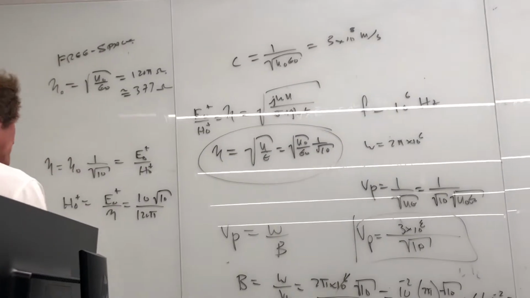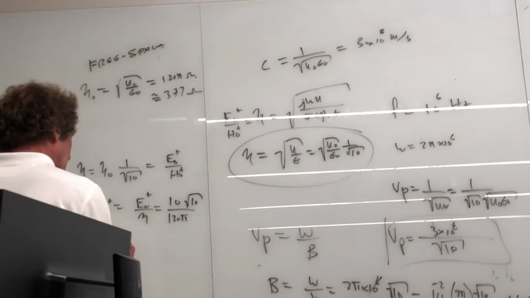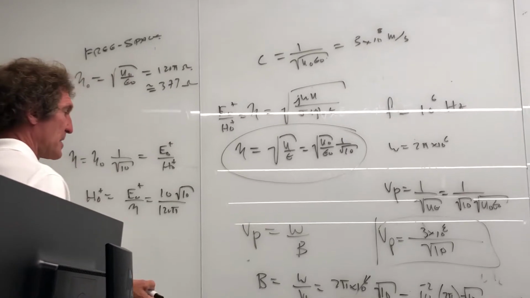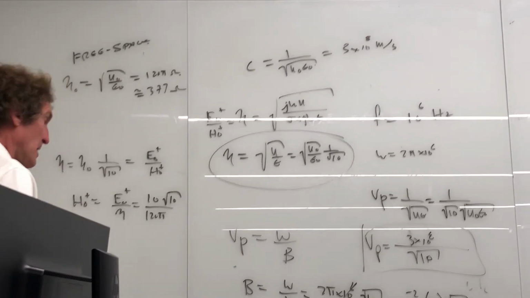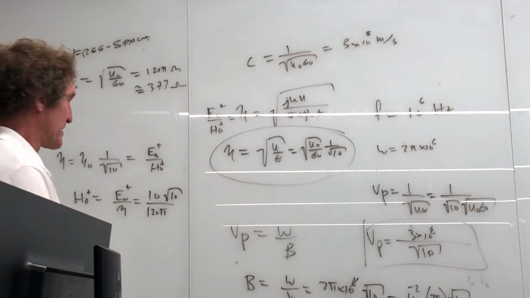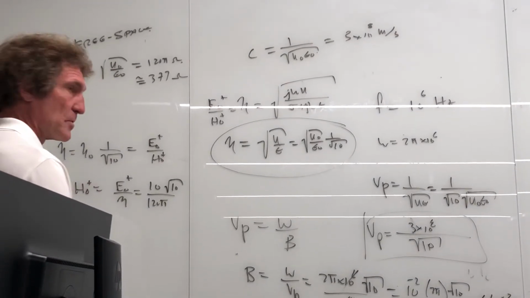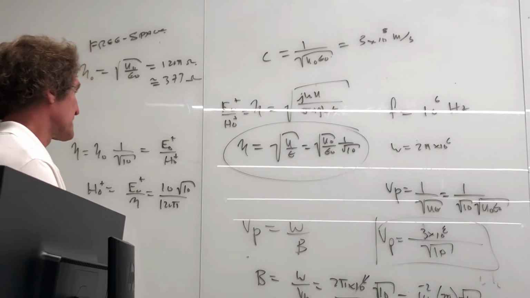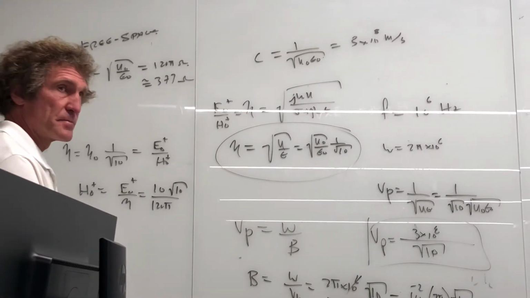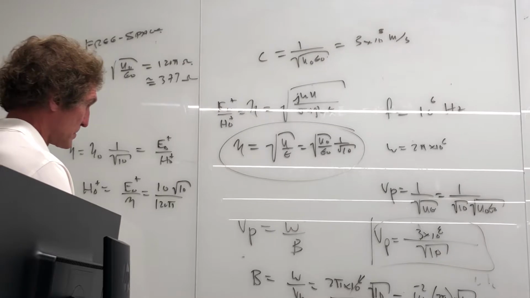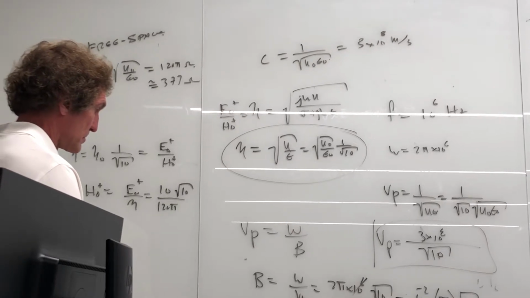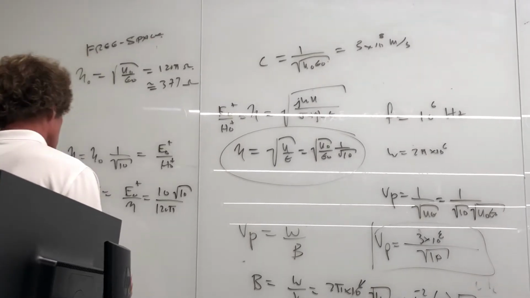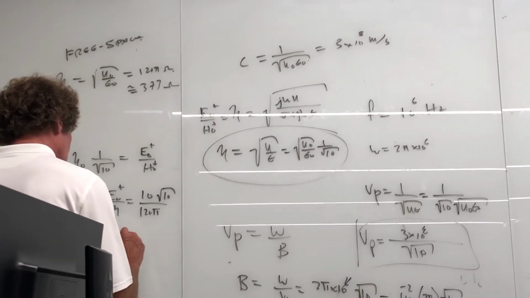What is that going to be? Well, I've got 120 pi is 377 into 10 times square root of 10. So can you just give that to me? Thanks, Josh. It'd be 10 square root of 10 over 120 pi. Is that right?